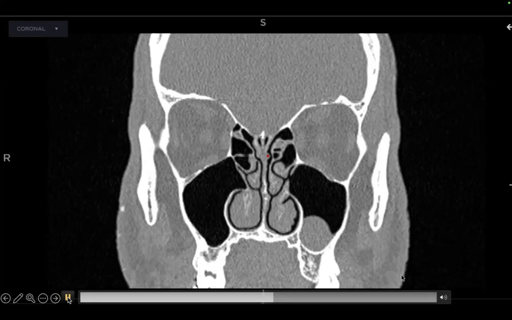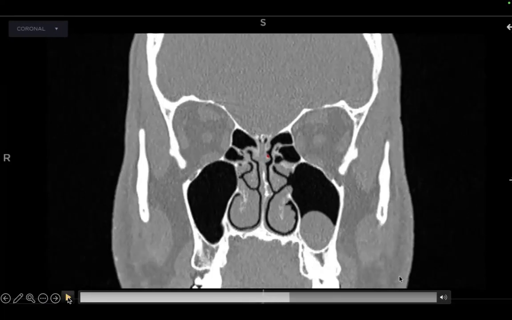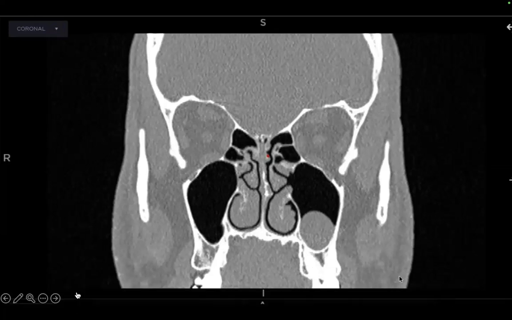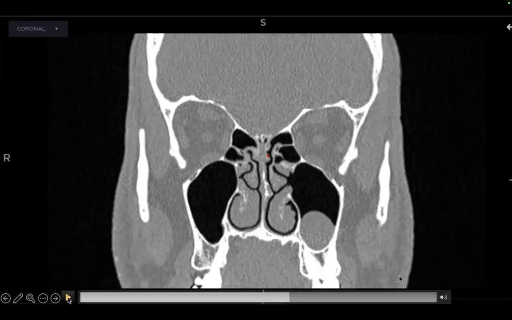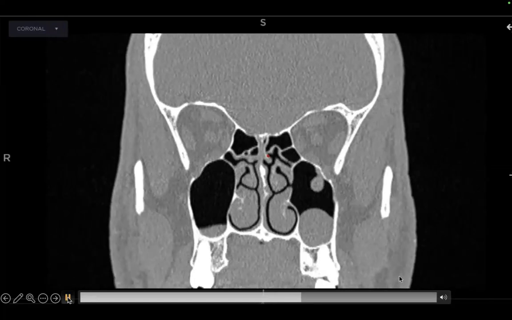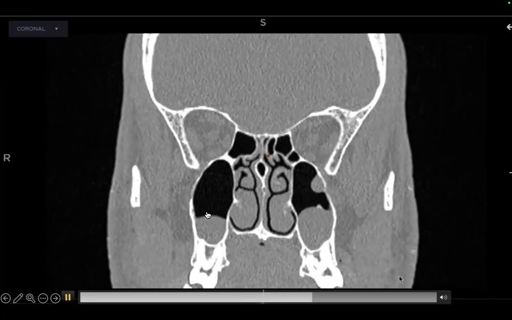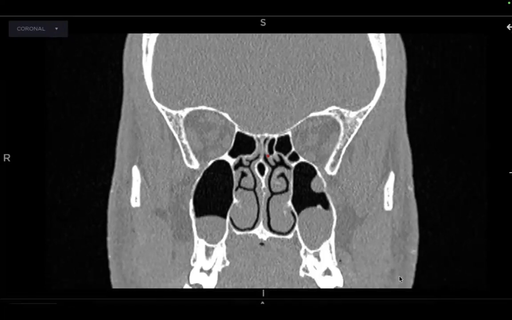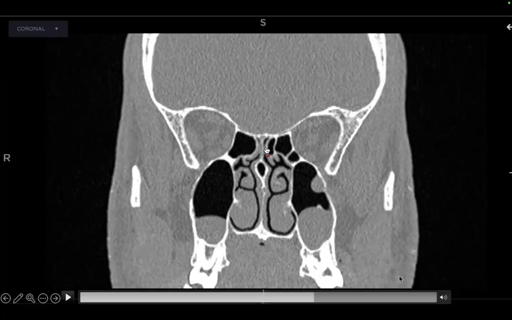Okay, so we've done the lamina, we've done the orbit. We're now getting close to the sphenoid. And as you get close to the sphenoid, you switch to the axial scan because you want to see where the superior turbinate is attached to the sphenoid face, and that's called Parsons ridge. If you've got this much space between the superior turbinate and the orbit, you're in heaven.